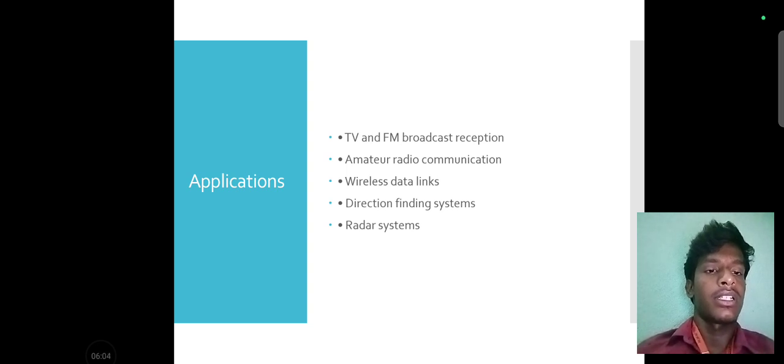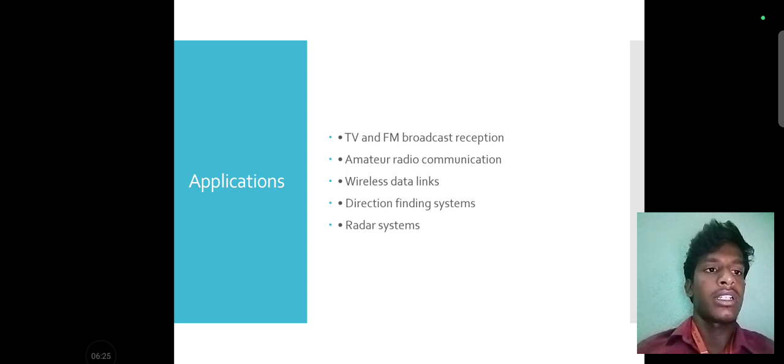Coming to the applications. It is applied in television and FM broadcasting, amateur radio communication, wireless data links, direction finding systems, and radar systems.